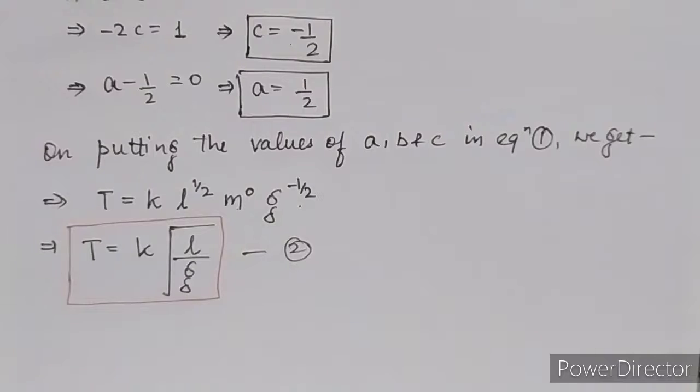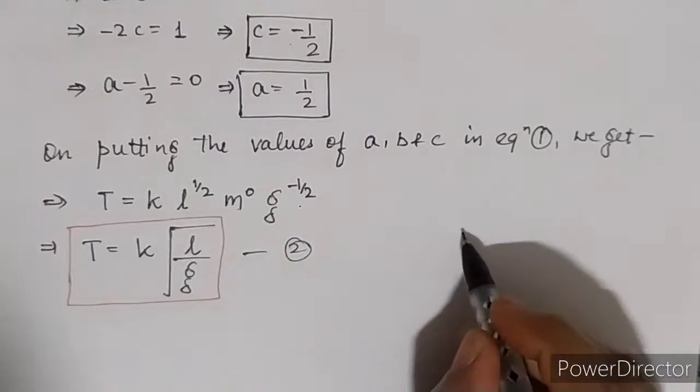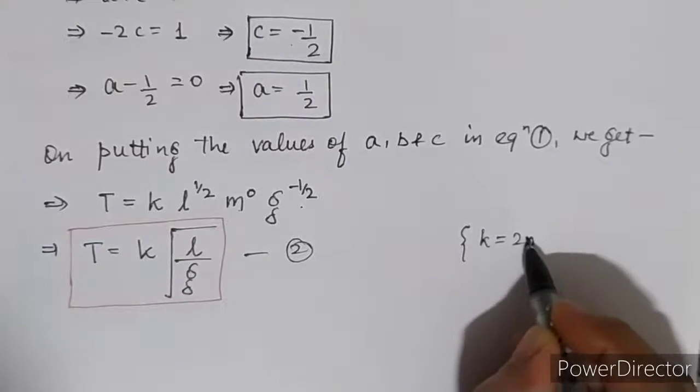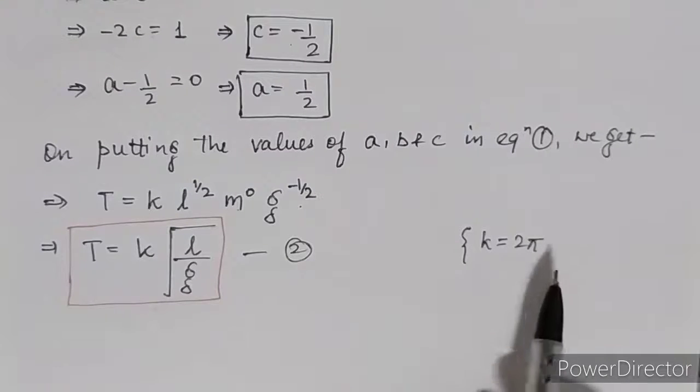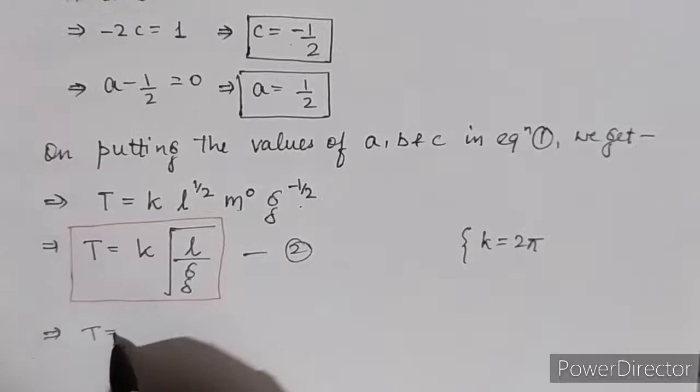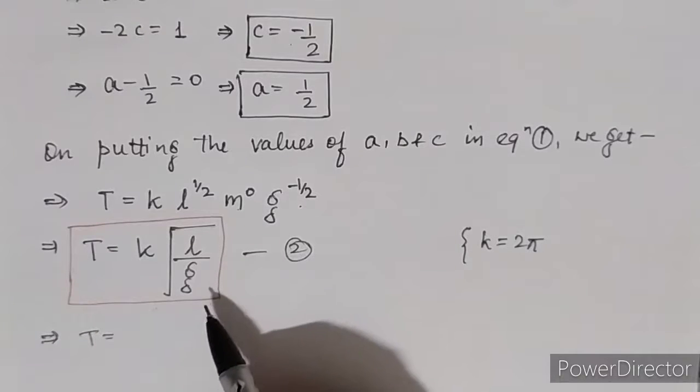But if you have studied many formulas in physics again and again, then you will know that this is the formula of the pendulum, and for that pendulum we know that the value of k is 2 pi. So if you know, then you may write it, and if you don't know, then leave it. Up to here also your answer will be right.